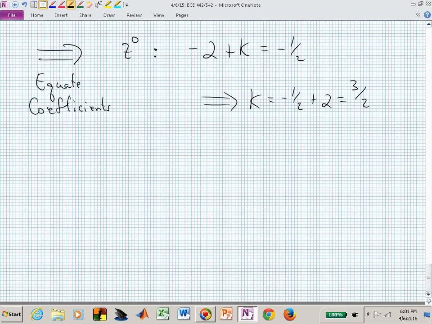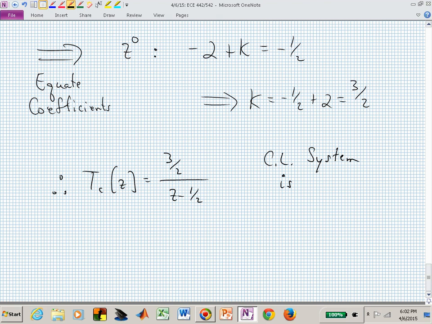T sub c of z is now 3/2 over z minus 1/2. Is that a stable closed loop system?